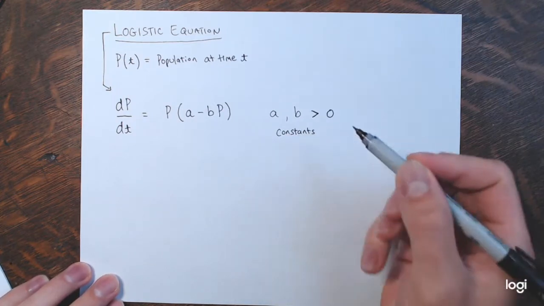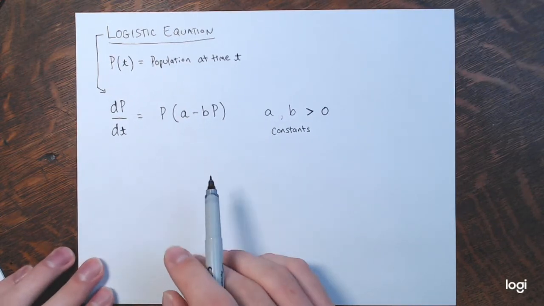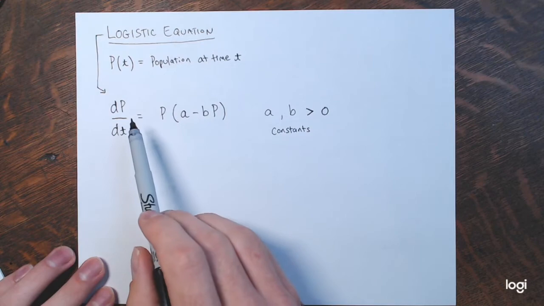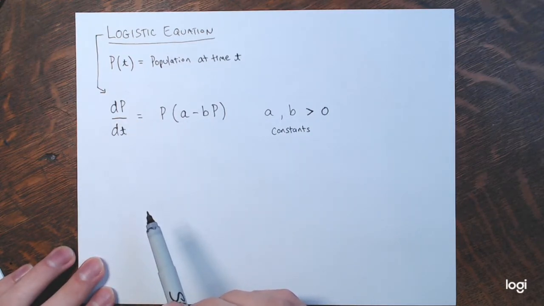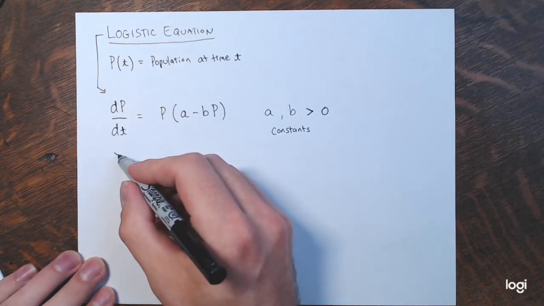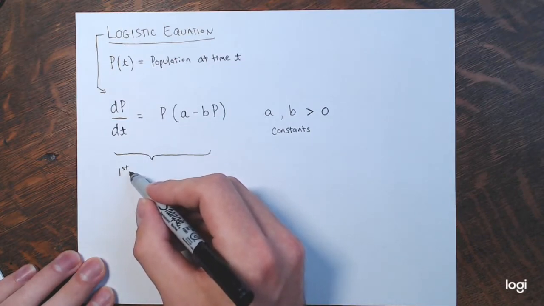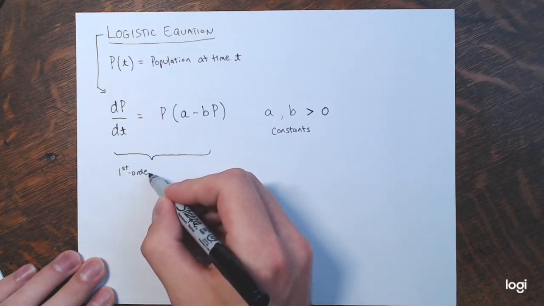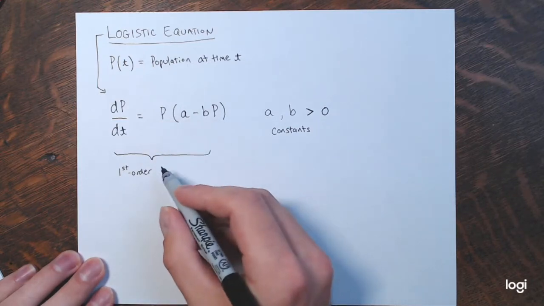Now you may have noticed, if you've seen other videos I've put out from previous sections, that this is an autonomous equation in P. It's a first order nonlinear equation because you'd have the P squared involved there.